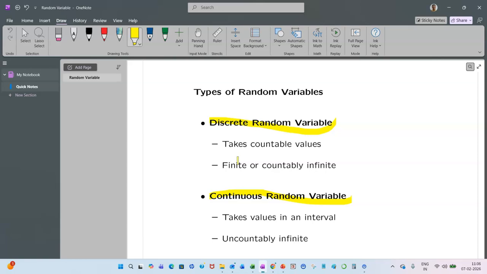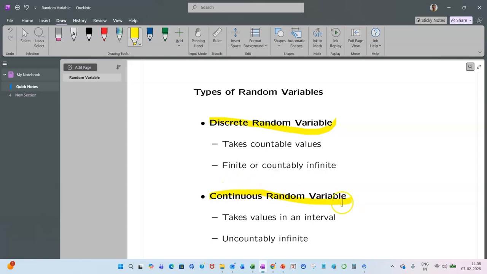It will take values 0, 1, 2. That's not a good example, but a discrete random variable could take infinite values also, but those are countably infinite. One should be able to go by the numbers 0, 1, 2, 3, dot dot dot up to infinity.